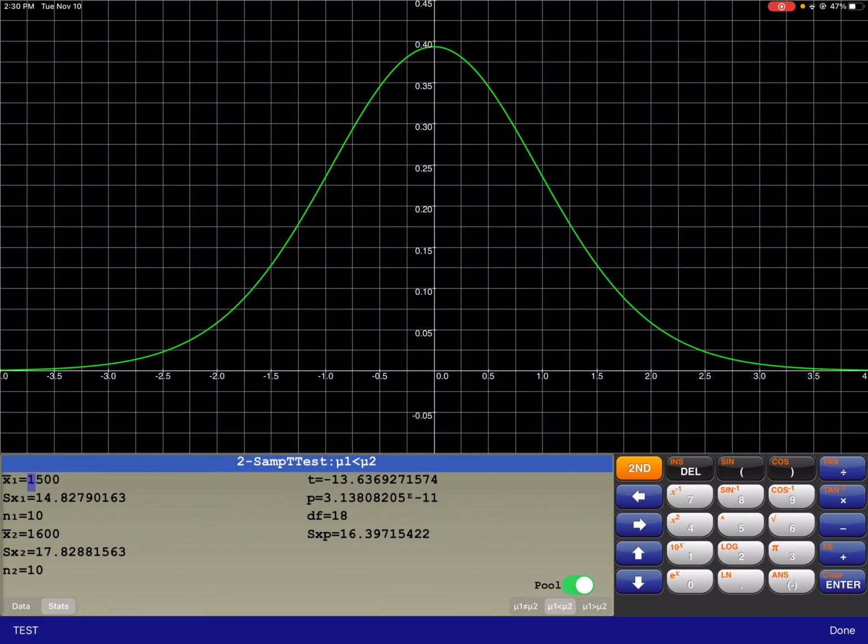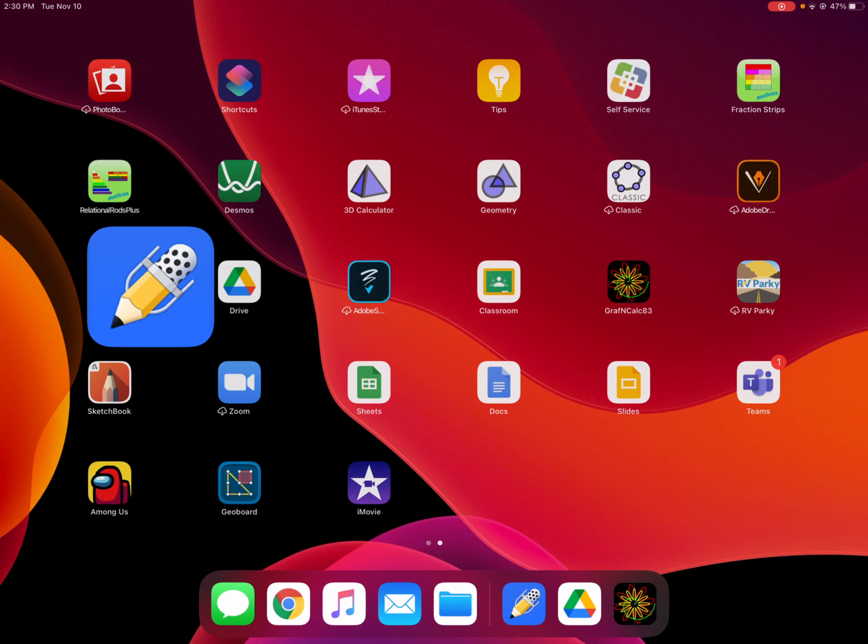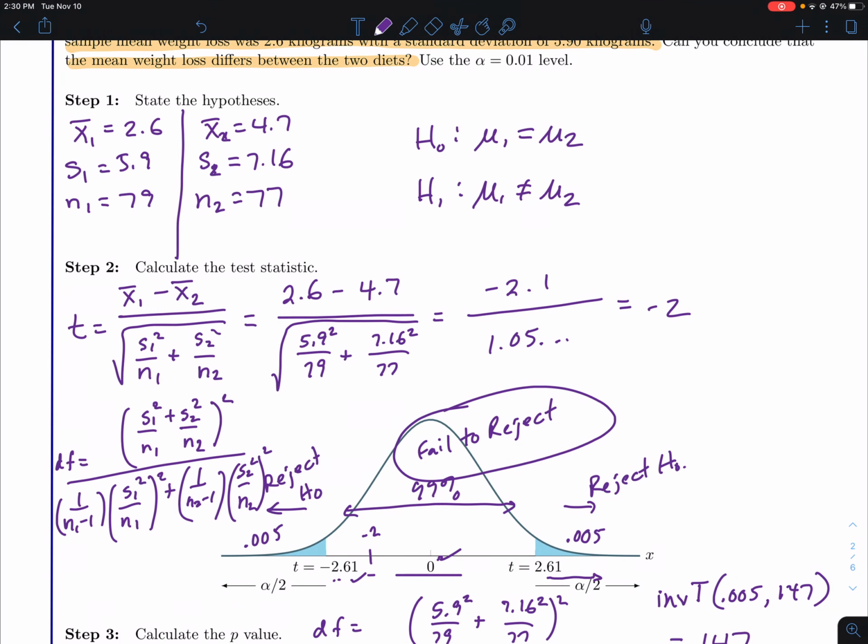We want to enter our sample mean, standard deviation, and N1, and then choose the right one. Notice on mine, it's got pooled on, so I want to turn pooled off for this one. I've totally forgotten what my numbers are again: 2.6, 5.9, 79.